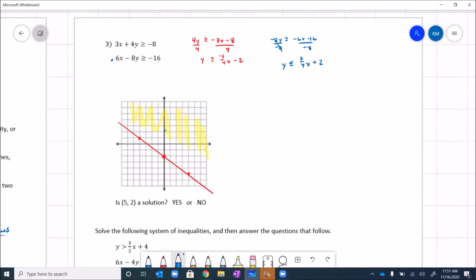Okay, and then I'll go up 3 over 4, up 3 over 4. Okay. Solid line.